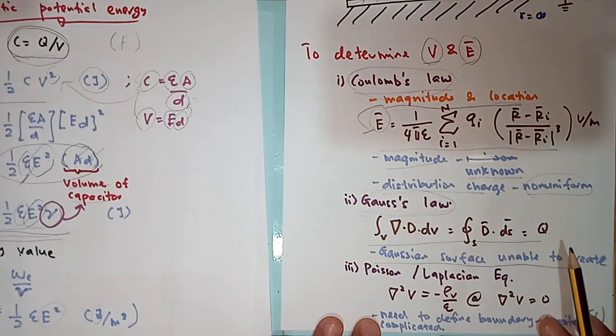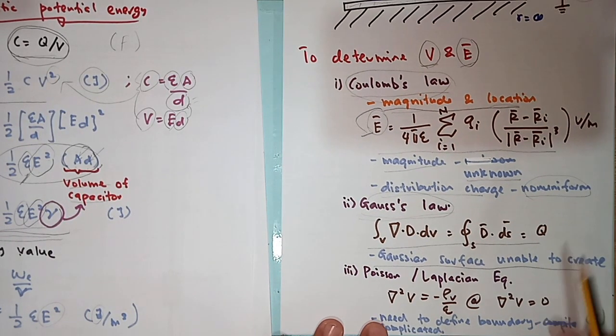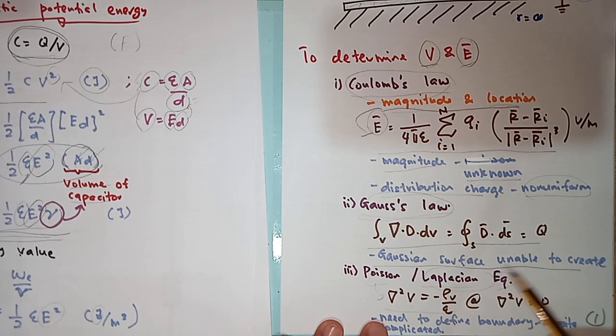The last technique that can be applied is using the Poisson and Laplace equations. The Poisson equation is given by this one: del squared V is equal to minus rho_V divided by epsilon, and the Laplace equation is represented by this expression: del squared V is equal to 0 if we consider that no free charge exists.